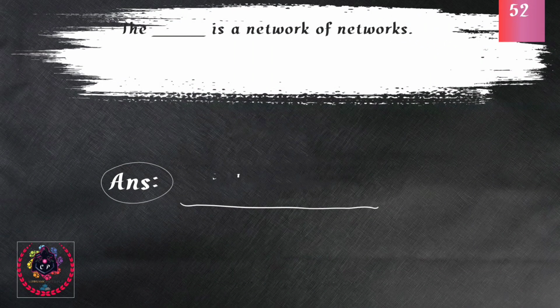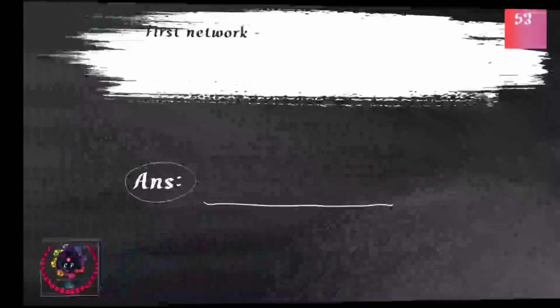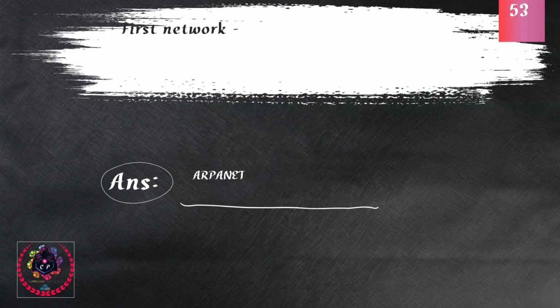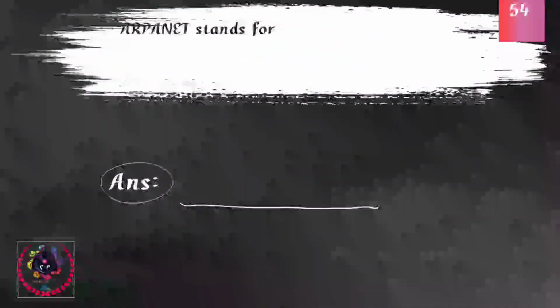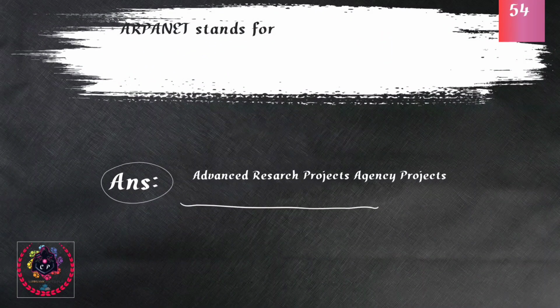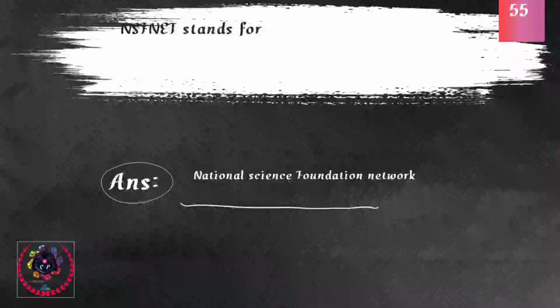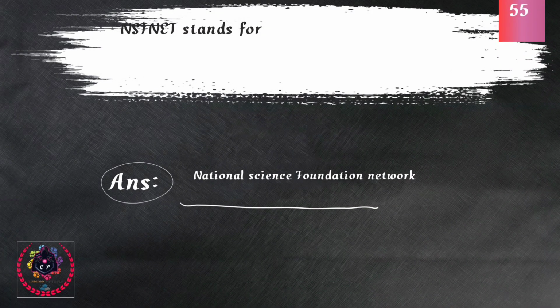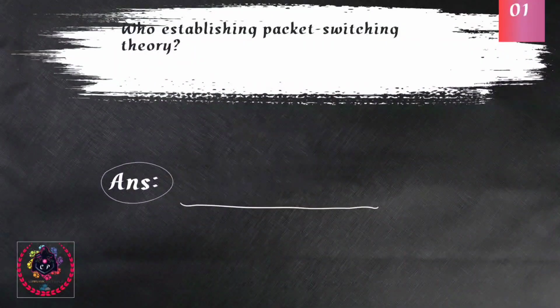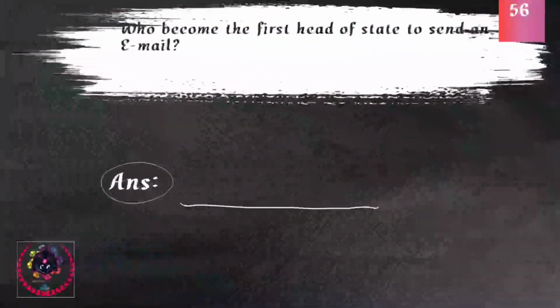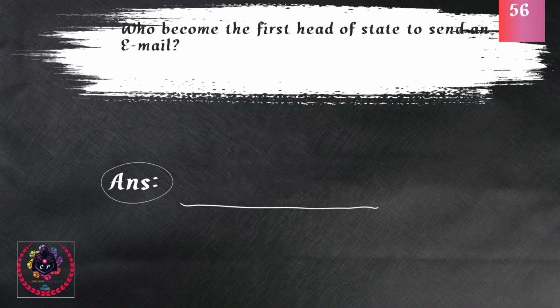The Internet is a network of networks. First network: ARPANET. ARPANET stands for Advanced Research Projects Agency Network. NSFNet stands for National Science Foundation Network. Who established packet switching theory? Leonard Kleinrock. Who became the first head of state to send an email?